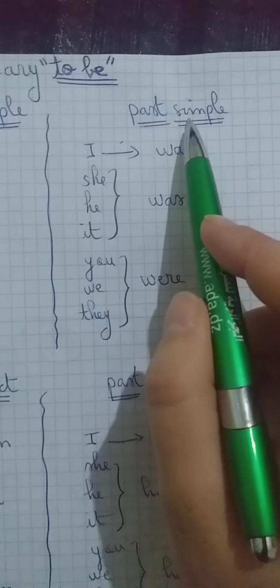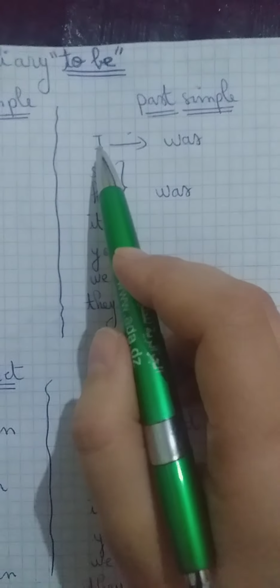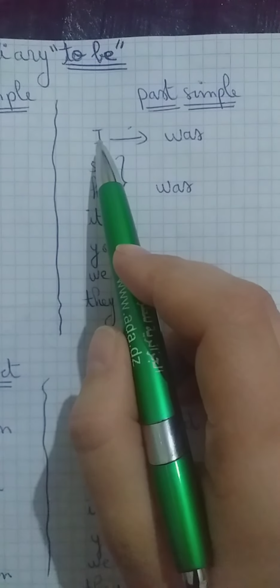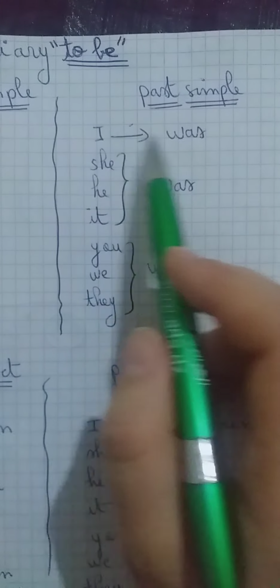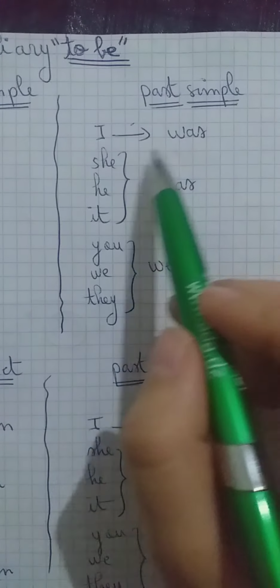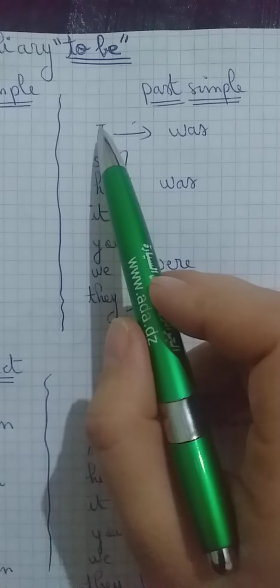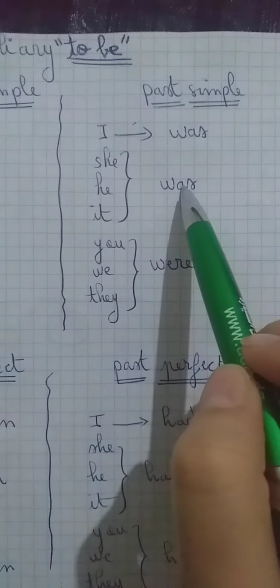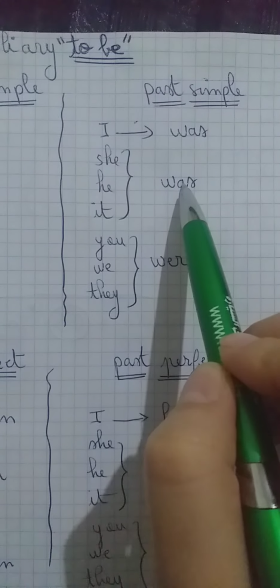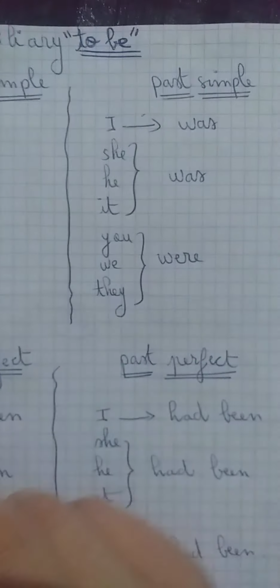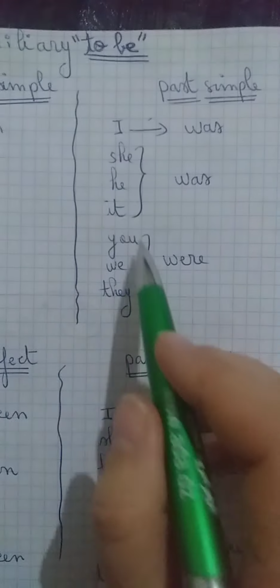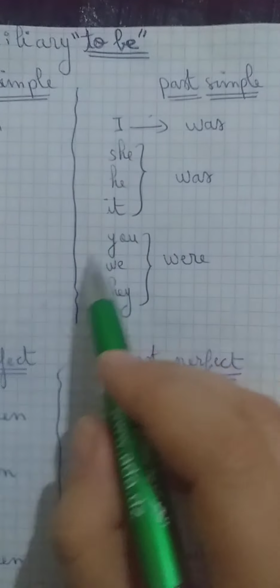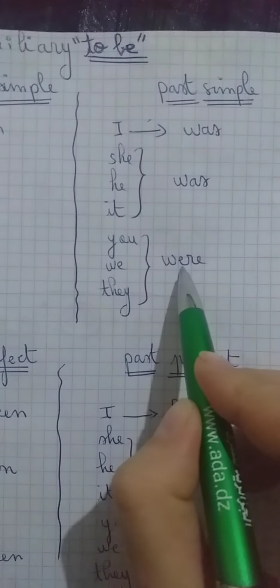In past simple, with the personal singular pronoun, we say was. As in I, she, he, it. In past simple, with the auxiliary to be, we will say was. And with the plural form, you will say were.